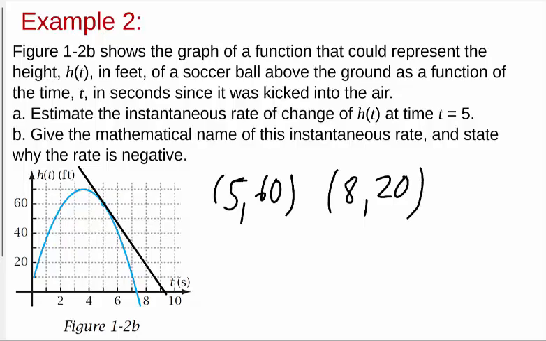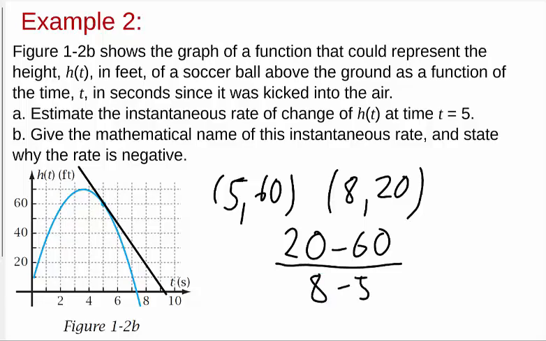So, if we remember, to find slope, it's y2 minus y1 over x2 minus x1. So, 20 minus 60 over 8 minus 5. 20 minus 60 is, sorry, negative 40. 8 minus 5 is 3.